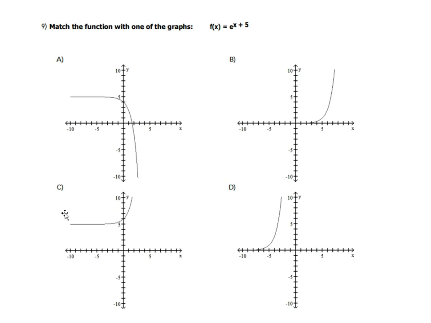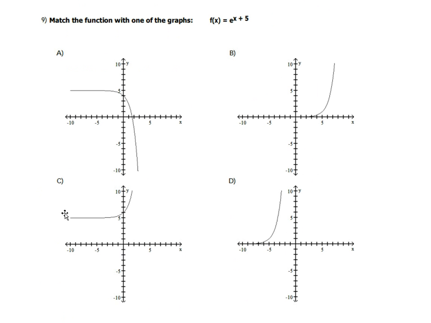And then another graph. Match this one. Okay, now this one, I know it's hard to tell, but this is actually base e raised to the x plus 5. If you look at the x and the 5, they're on the same playing field. They're not down with the e.